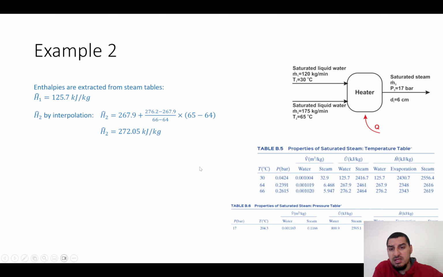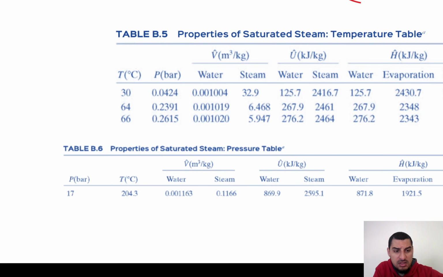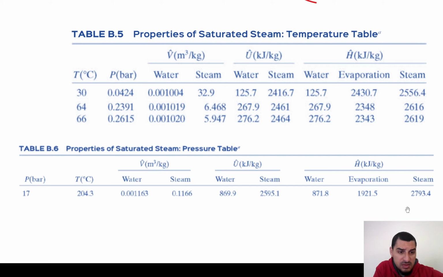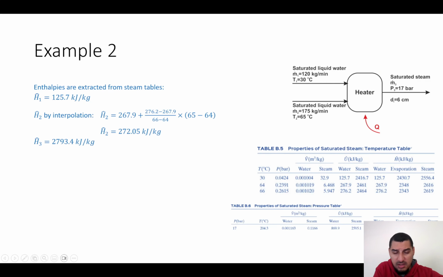So these are the enthalpies of the feed streams, H1 and H2. Now H3 is going to be very easy. We have 17 bars. This is saturated steam. So this is going to be the value. Let's get closer. So this is 2,793 kilojoules per kilogram. So this is the enthalpy of the product stream.